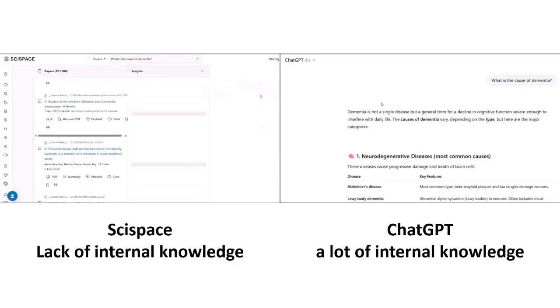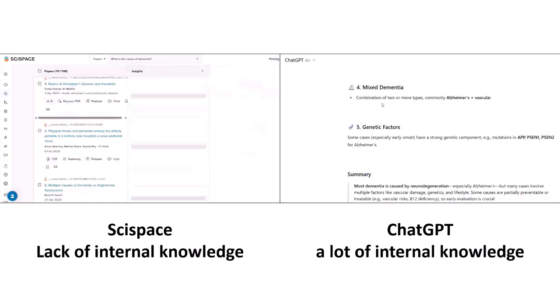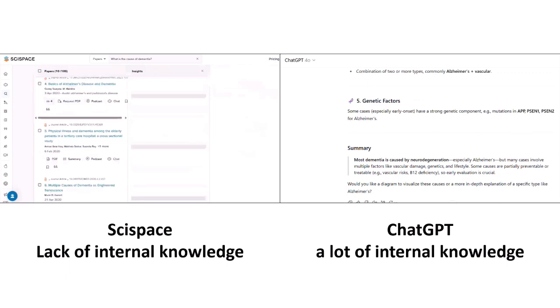Now for the generation stage. The extracted information is input into the LLM, which then generates a summarized response. How much of the LLM's internal knowledge to bring in is a very important factor in generating the answer. For example, Scispace, which is an AI tool, doesn't use a lot of internal knowledge.